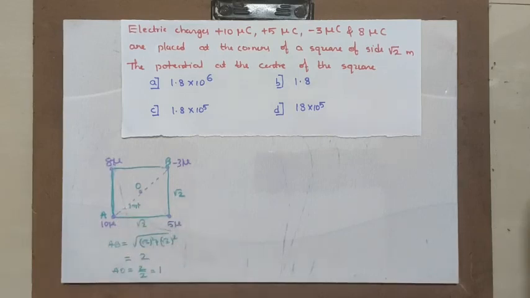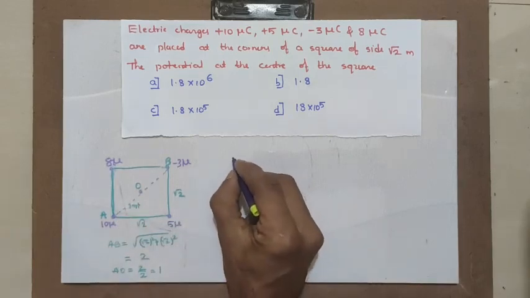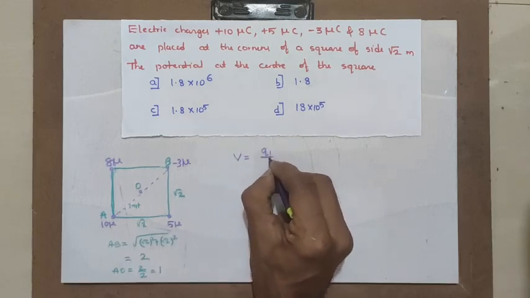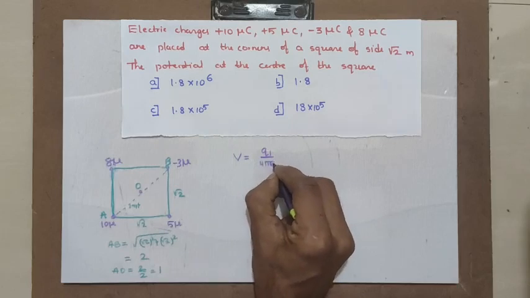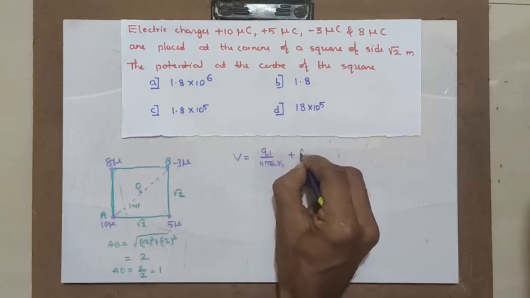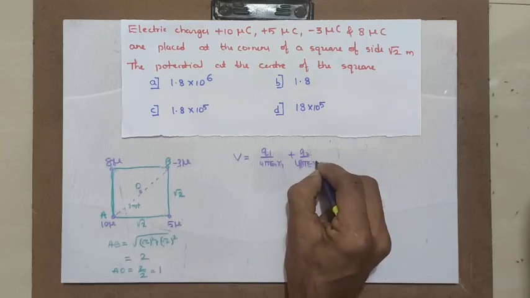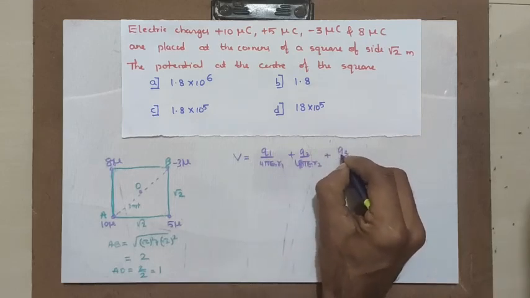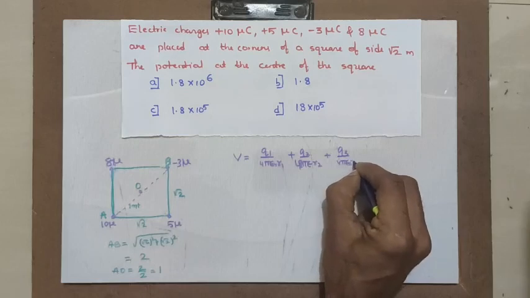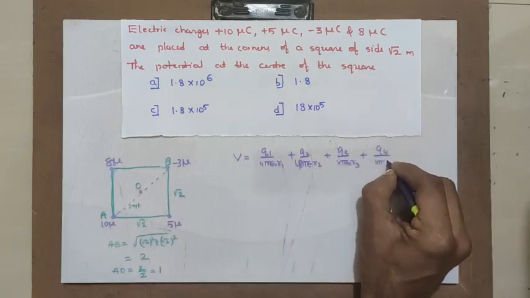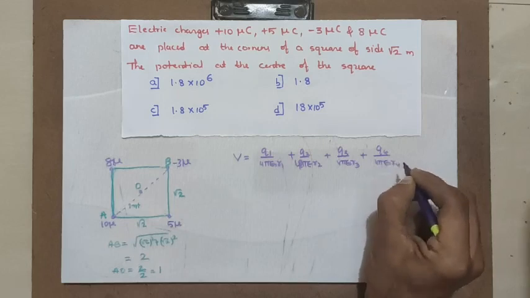Now you know that the potential due to a system of charges, V, is equal to Q1 upon 4 pi epsilon naught R1 plus Q2 divided by 4 pi epsilon naught R2 plus Q3 divided by 4 pi epsilon naught R3 plus Q4 divided by 4 pi epsilon naught R4.